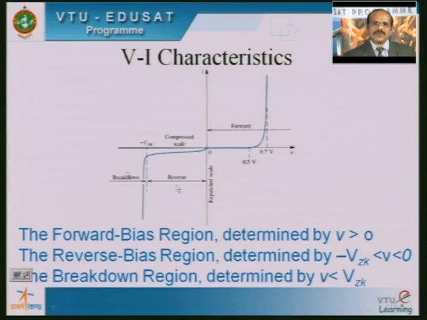Finally, it can be noted from these VI characteristics that there are three regions: the forward bias region, defined by V greater than 0, then the reverse bias region, defined by minus VZK less than V less than 0, and the breakdown region, determined by V less than minus VZK.